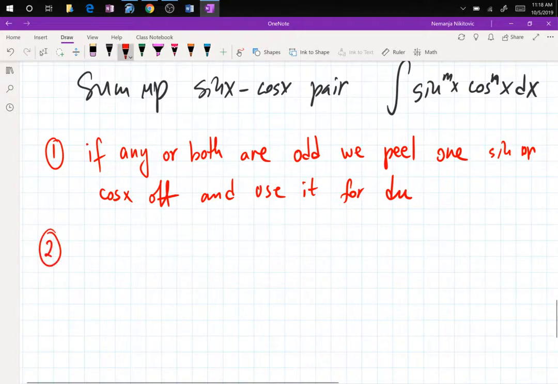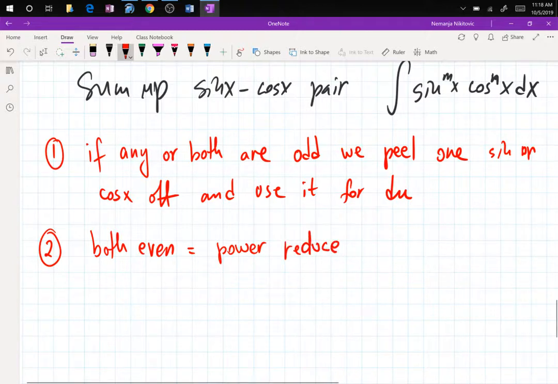Number two, both even. That's the evil part. When both are even, power reduce. So you will have to power reduce and multiply, and then power reduce again and multiply, and power reduce again and multiply.